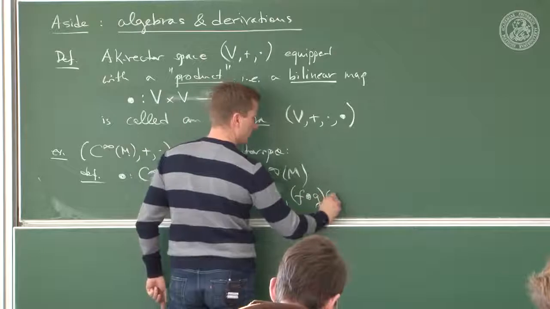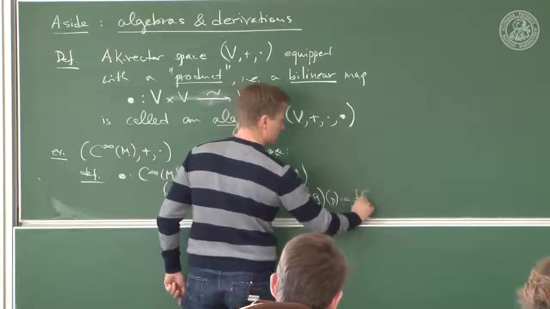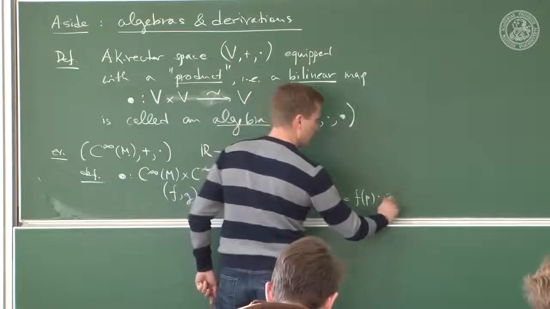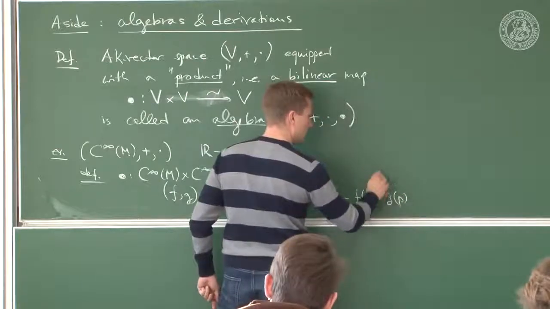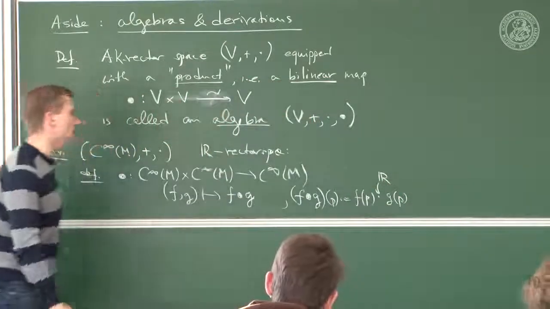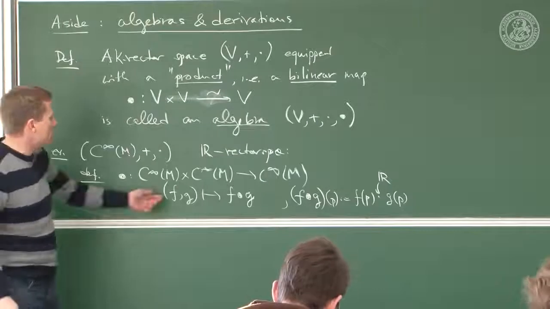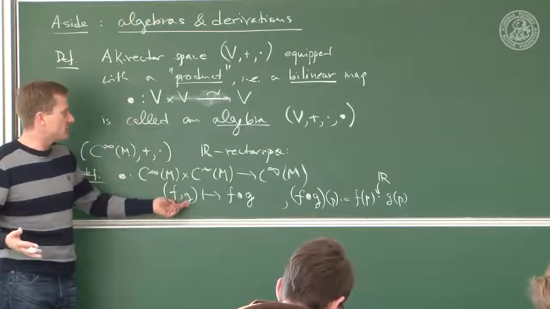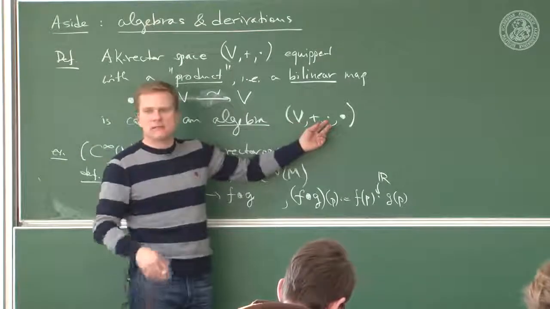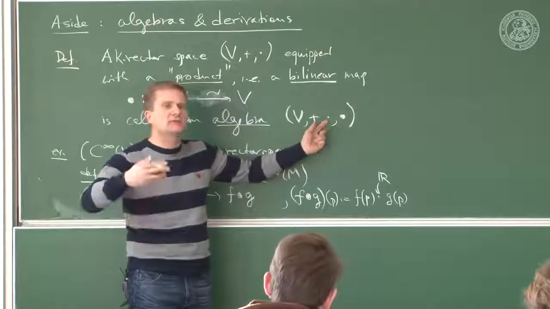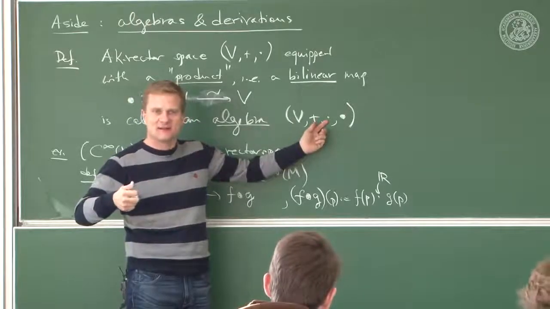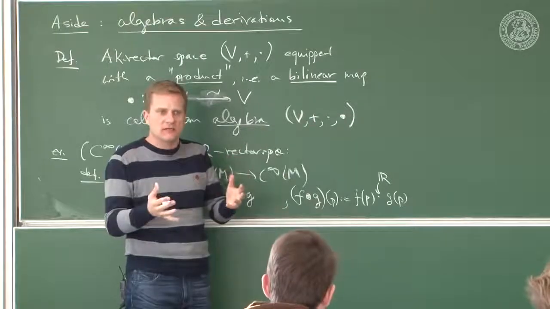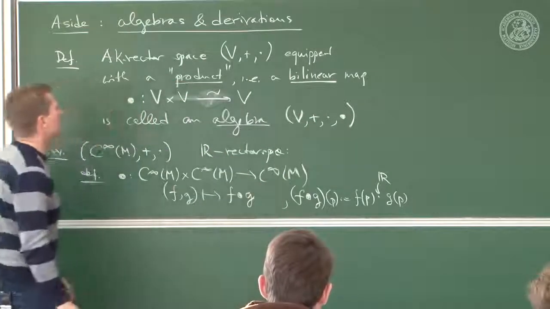F blob G at a point p is just defined as f of p times g of p, which is the multiplication in R. So it's the multiplication of two functions, whereas the scalar multiplication was only the multiplication with respect to a fixed constant. It's structurally totally different, and it's very important to realize this.